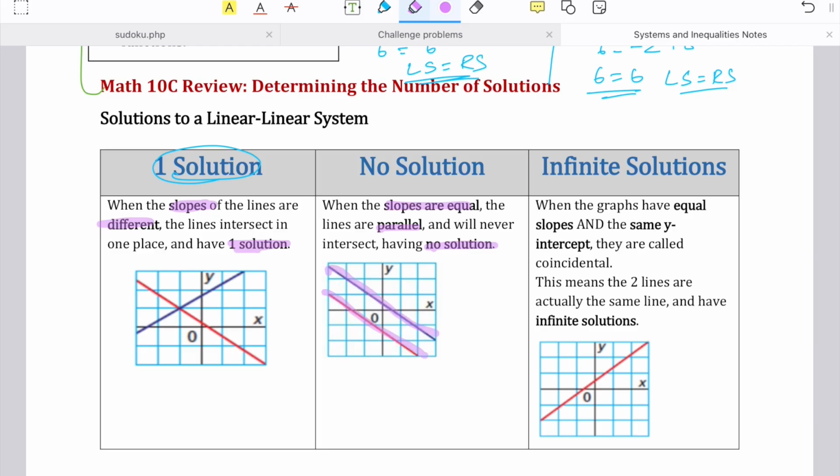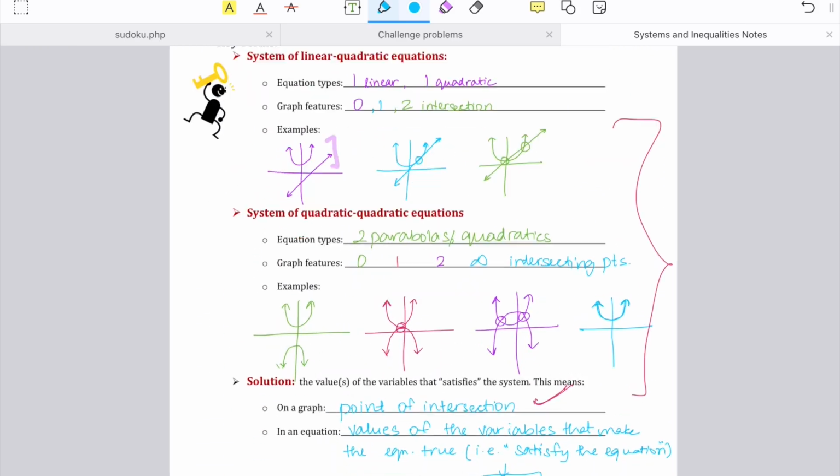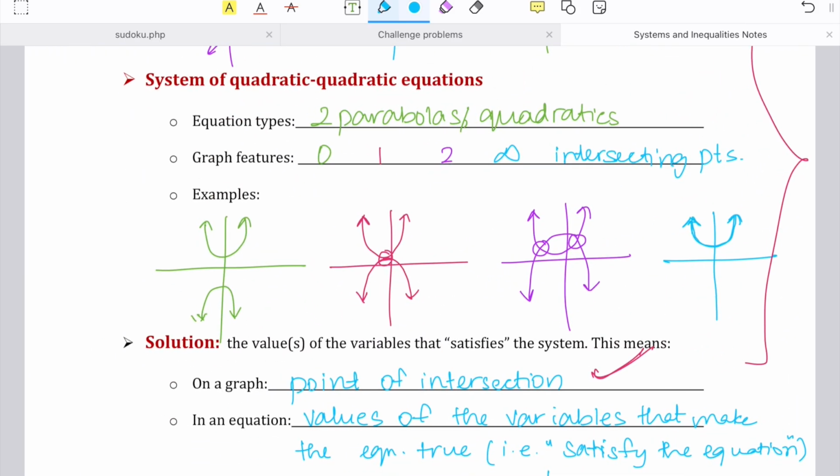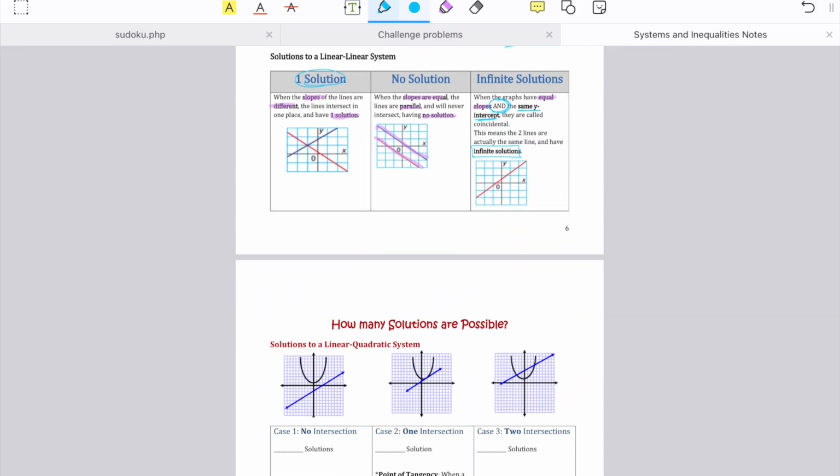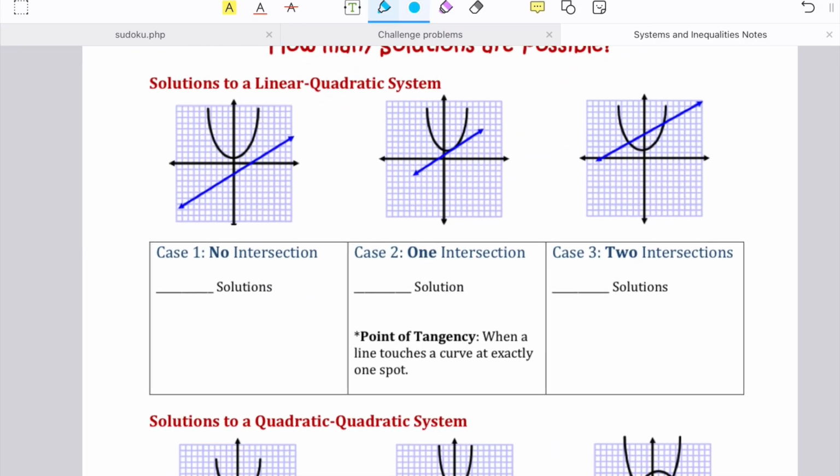Same slope and same y-intercept means you have infinite solutions, because both lines look different, but they are the same. Kind of similar to our quadratic piece that we talked about, in which we have two intersections or one intersection, but we don't have slope and parallel lines to look at.